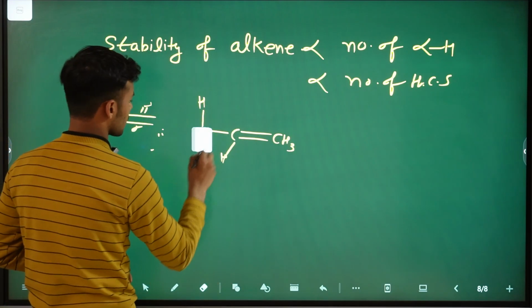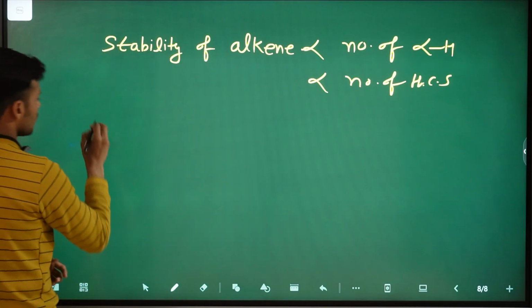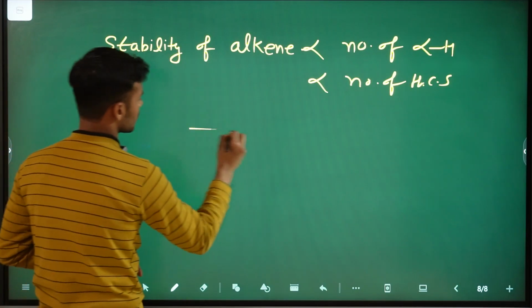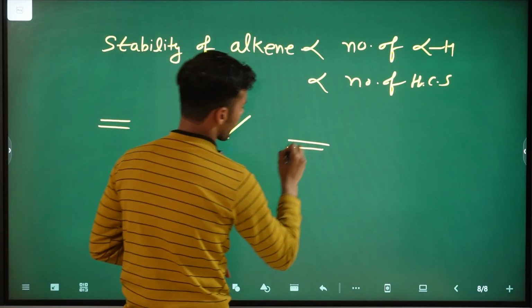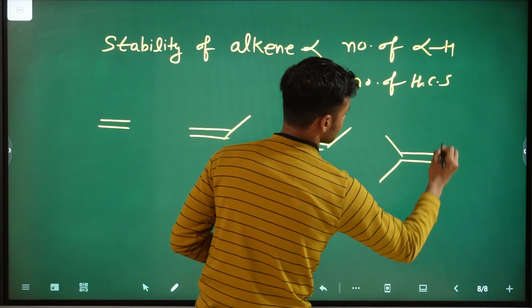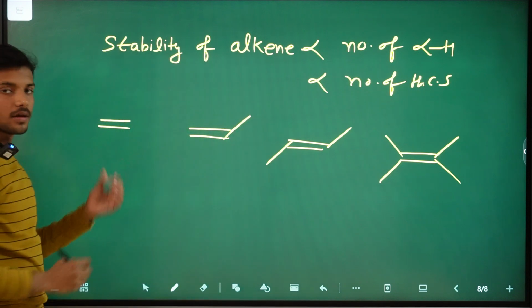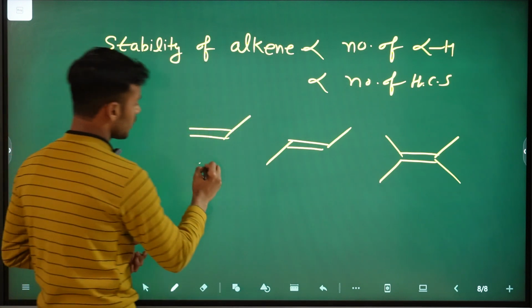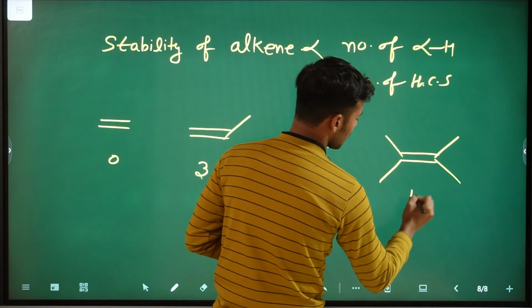So this is simple ethene. How many alpha hydrogens are here? 0, here 3, here 3, 3, 6, here 12.